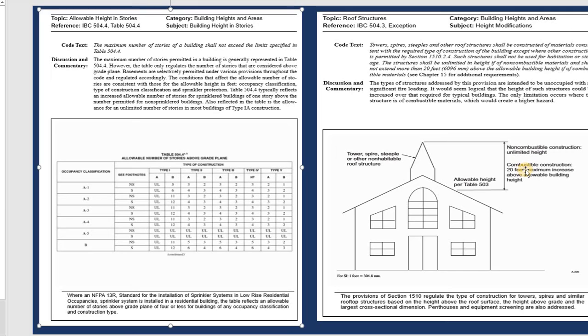If you have combustible construction, 20 feet maximum here, increase above allowable building height. For example, allowable building height means the building height, and it is the slope one, so you check on the center and you can see that is maximum 20 feet from that point. And if you use non-combustible construction, they say unlimited height. That means for the tower you can do as much as you want, they don't care, but you need to follow that it's a non-combustible construction type.